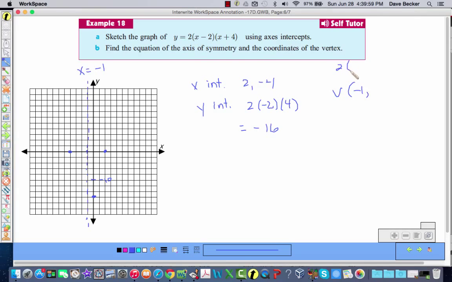So that's 2 times -1 minus 2 is -3, and -1 plus 4 is 3. So that's going to be -6 times 3 is -18. So -1, -18, which is right here. So I have plenty to make a nice sketch there. Oh, that's awful. My hand's in an awkward position. But it's going to look something like that.